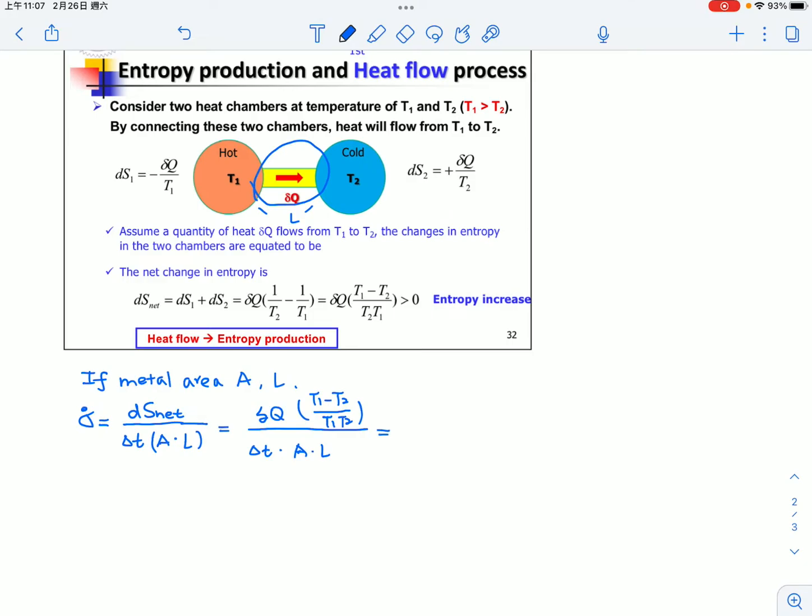Okay, and here, just separate them. Delta Q, delta T, and A, T1, T2. Then we put L here. And what we have is T1 minus T2. Okay.